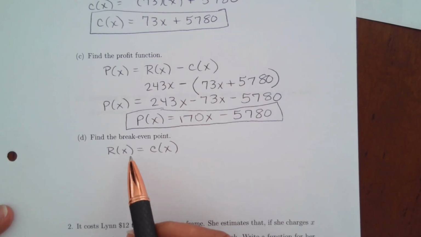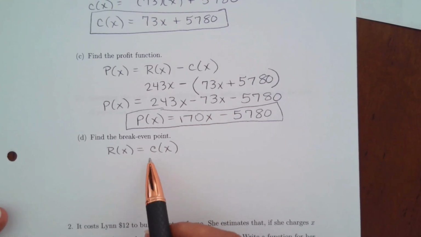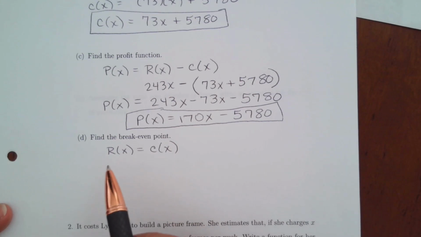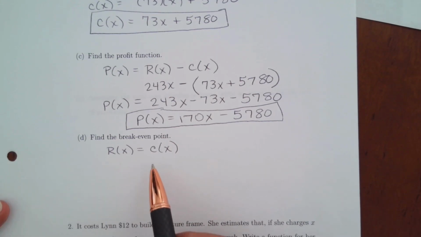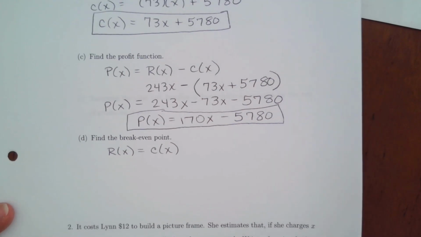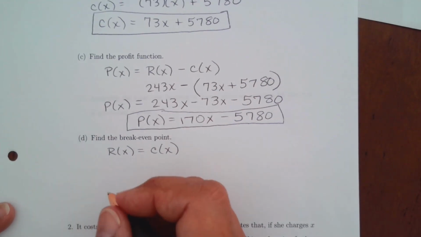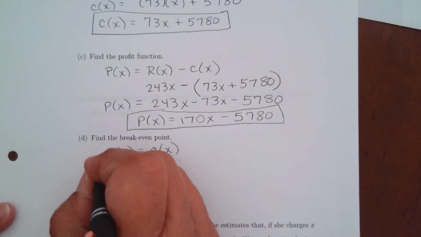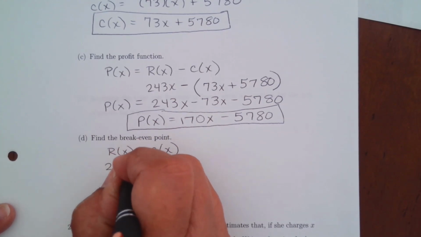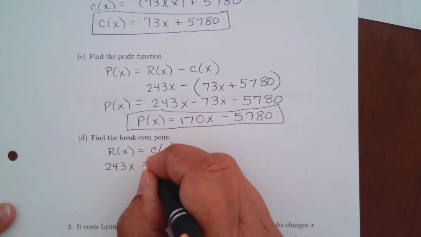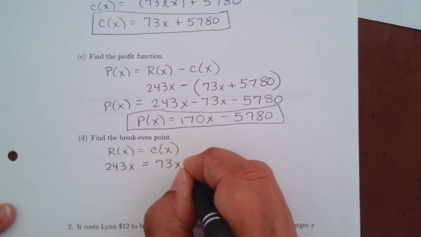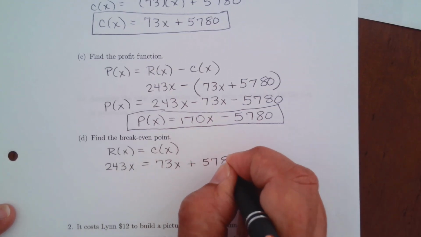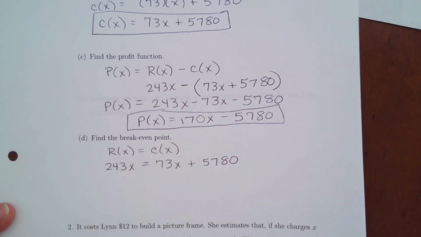So we're finding how many items does this company have to sell for them to not lose any money, but not make any either. Okay. Break even. All right, so R of X, okay, remember, is 243X. C of X, 73X plus 5780, sorry.